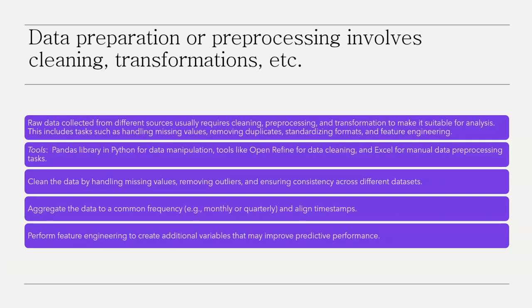We have to make sure all these are cleaned thoroughly before we apply the model. That is the basic thing we do in this step. Coming to the tools, we use Python libraries such as Pandas and simple Excel for data pre-processing.